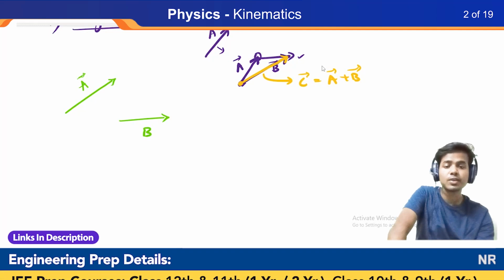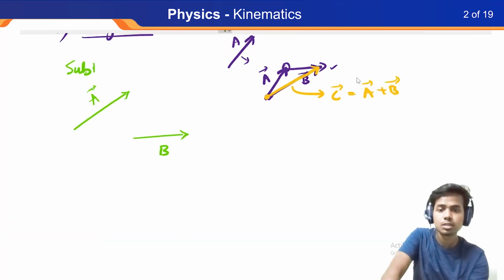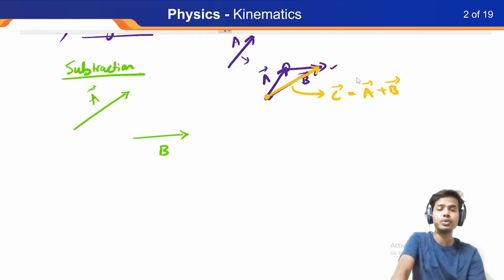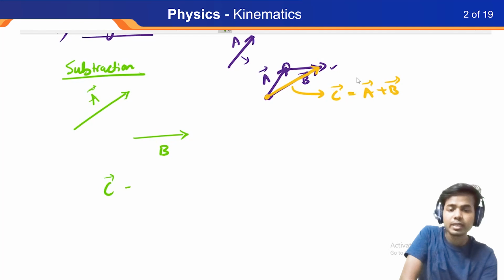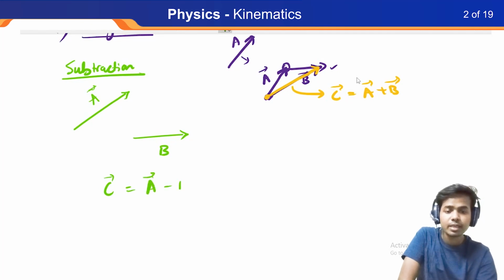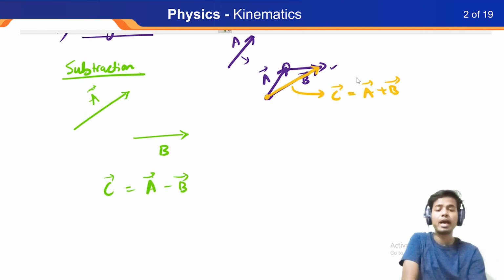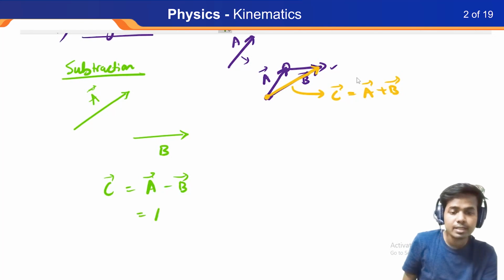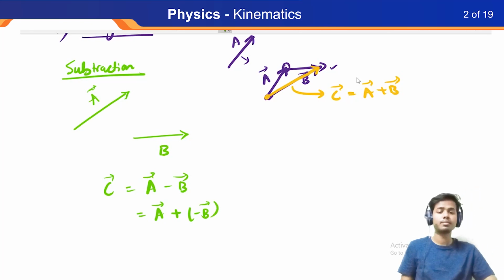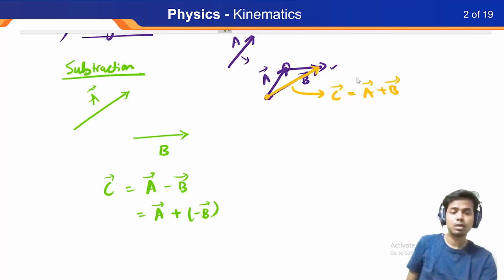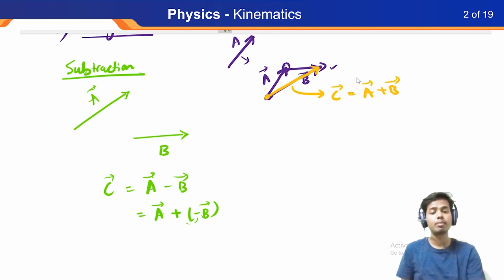But in case of subtraction, let's say you want to find a new vector which is nothing but a vector minus b vector. Can I write this in the form of a plus minus b vector? Of course I can do that, because after simplification the minus will come out and it will again be a vector minus b vector.